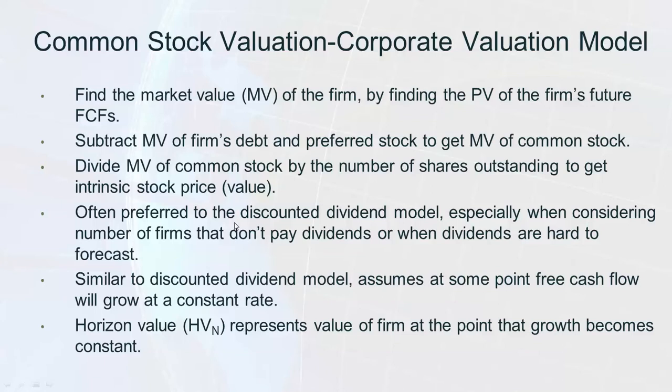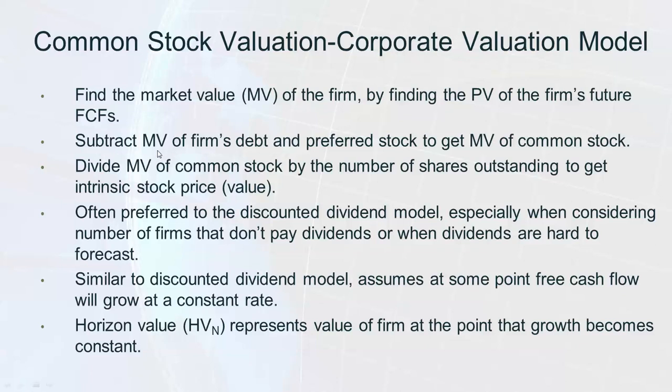Once you have free cash flow, find the market value of the firm by finding the present value of all future free cash flows. So in the corporate valuation model, you're going to be using free cash flows instead of dividends. That's the one difference.